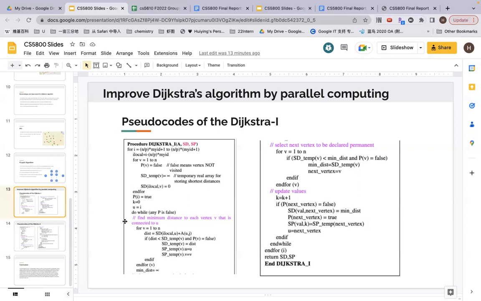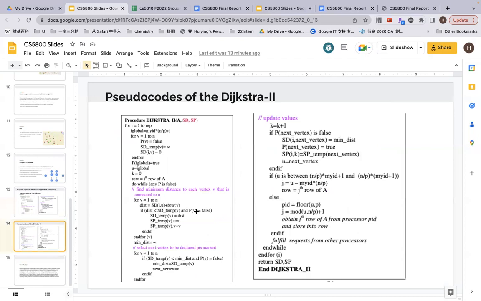And in this implementation, noted as Dijkstra second model, the input distance matrix A was decomposed by using a striped row-wise decomposition, and each processor only contained a portion of the distance matrix, and all other aspects of the implementation were identical to the previous one.